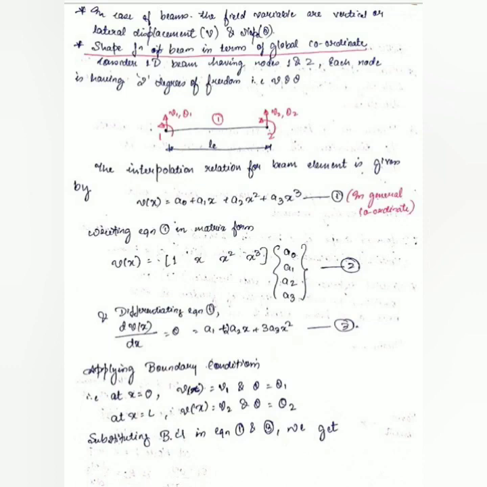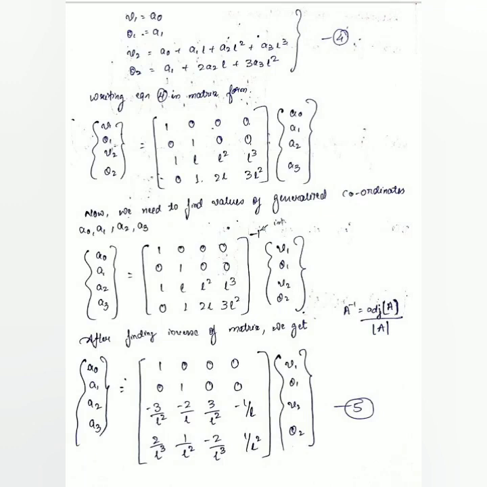Substituting these boundary conditions in equation 1 and equation 3, we get the expressions for v1, theta 1, v2 and theta 2, which is shown here, that is equation number 4.